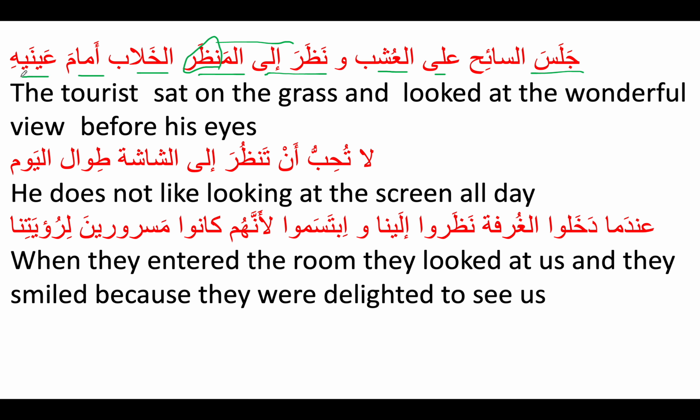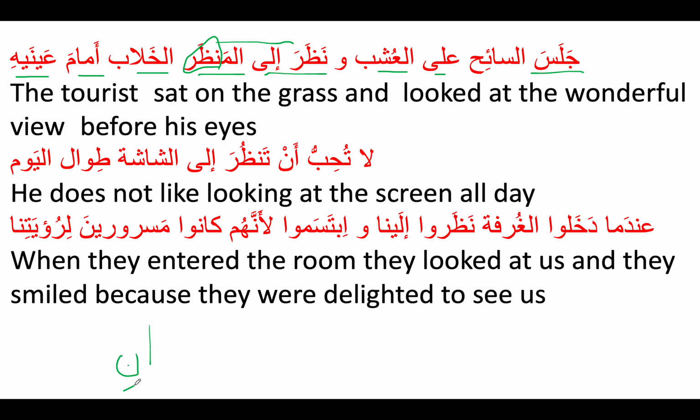عينيه is his eyes. Okay, we've got a bit of grammar here, so let's break it down. عين is eye. عيون is eyes, technically when we're talking about collective eyes, but when we're talking about his eyes, he has two eyes, so we need to use the dual here. Normally it would be عيناني. That would be the normal dual ending, ani.